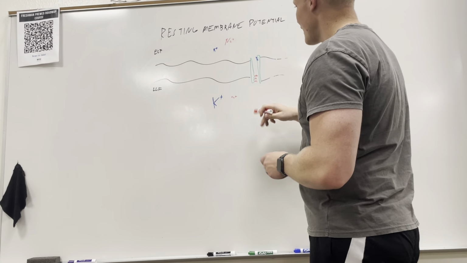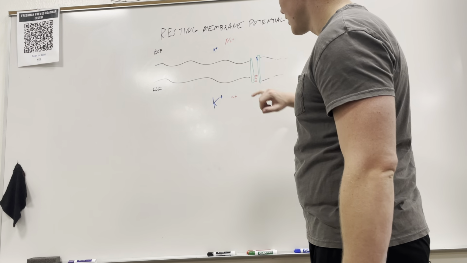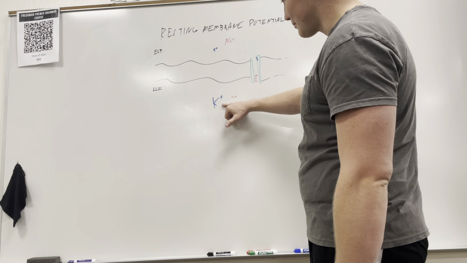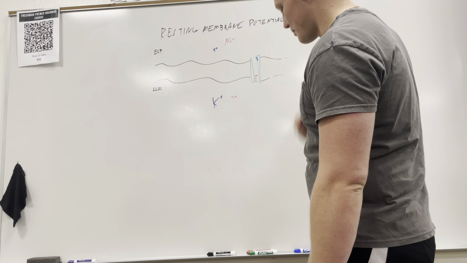So that is what creates these concentration gradients. This pump will pump potassium in and sodium out at a ratio of 3 sodiums to 2 potassiums.